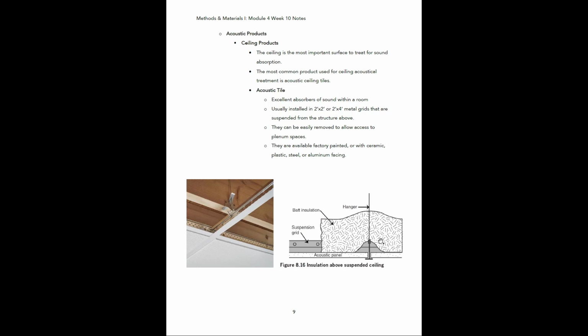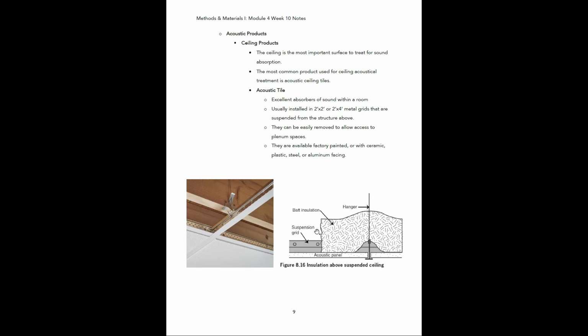And then if you look here, this diagram is showing the same thing, but what I wanted to show you here is that just like we can put insulation within a wall cavity to prevent sound transmission, a lot of times, say you need a really high rated acoustical performance for a space, you might even throw some insulation above the acoustic ceiling tiles.